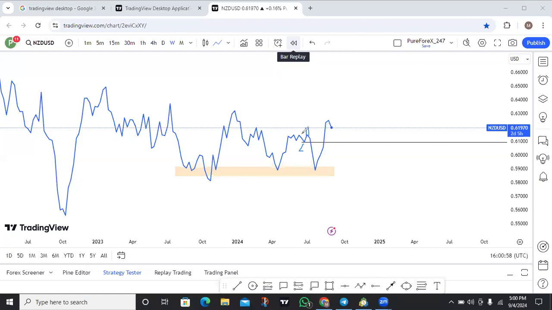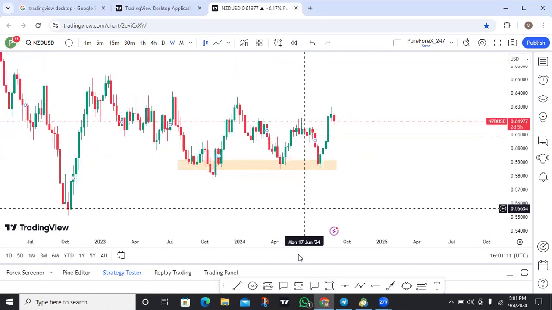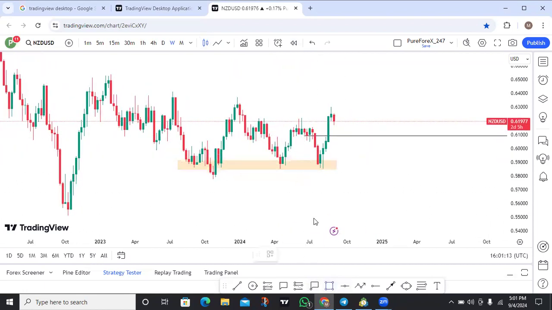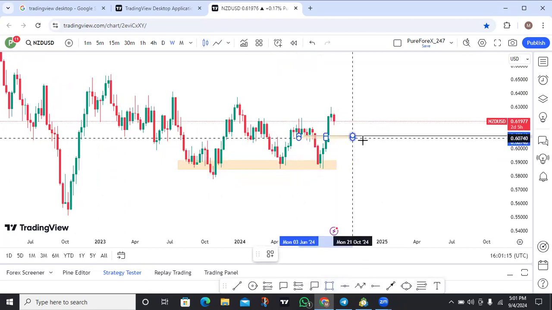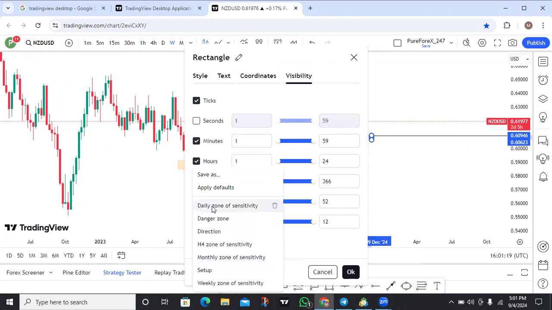This is a high, a higher high. And then this is a lower low. So this is a Quasimodo on the weekly time frame. So we can mark it from this point, right?